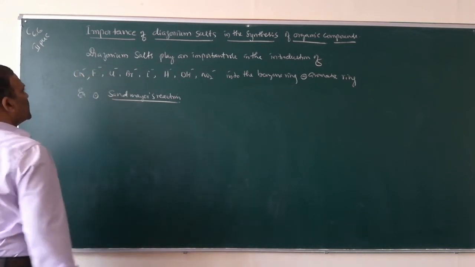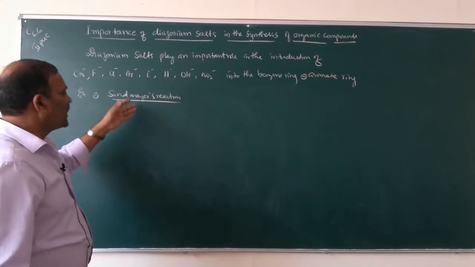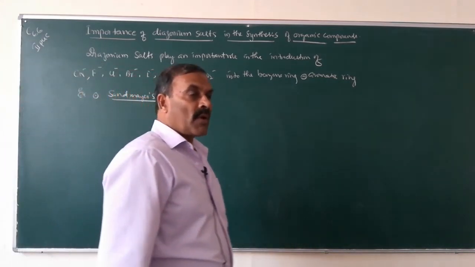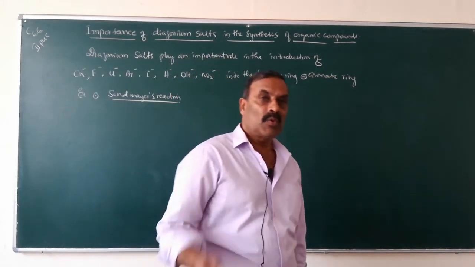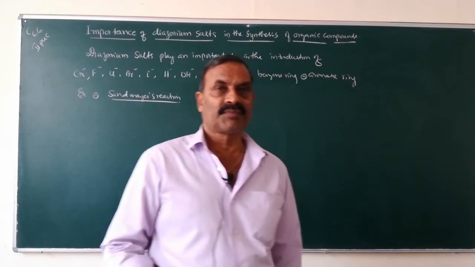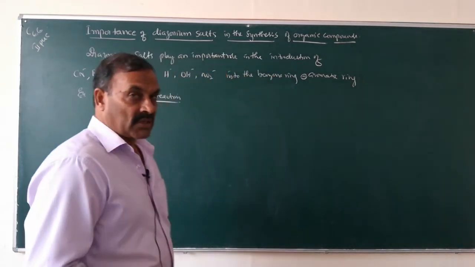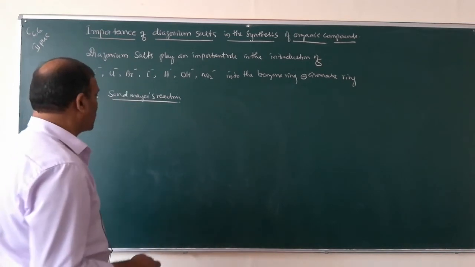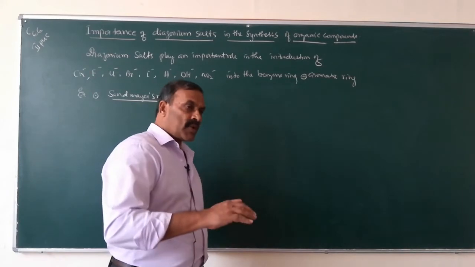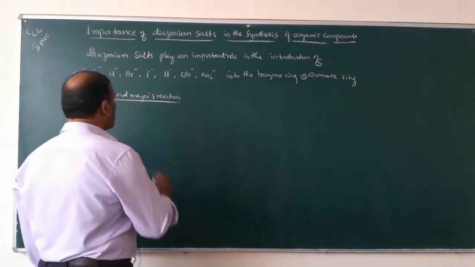Introduction of Cl minus, Br minus, CN minus into the benzene ring by the decomposition of benzene diazonium chloride in presence of cuprous salts is known as Sandmeyer's reaction. So in Sandmeyer's reaction we can prepare chlorobenzene, bromobenzene, cyanobenzene, etc.